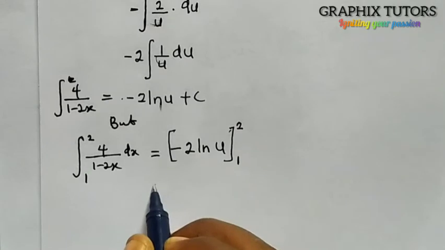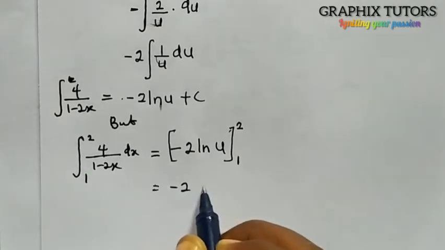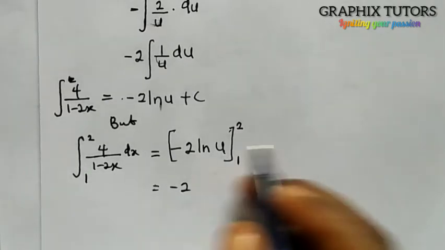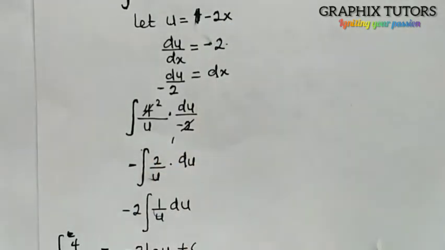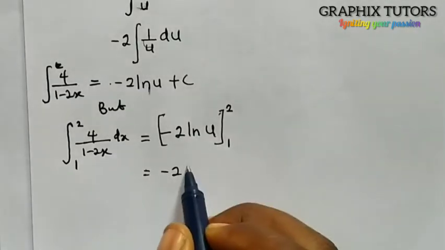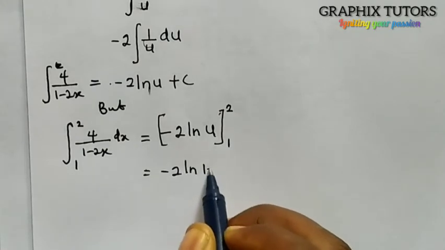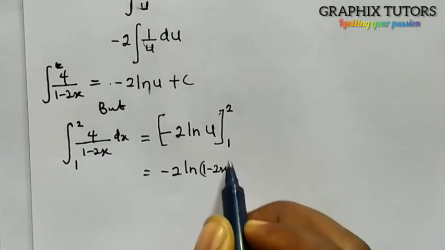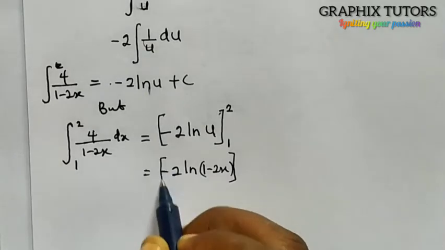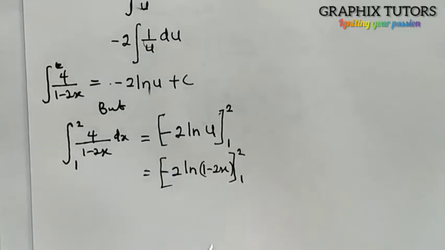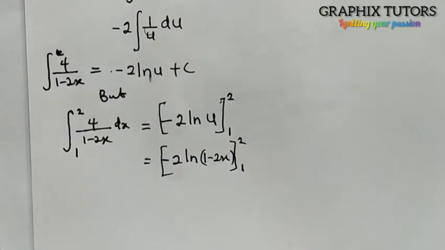I'll write it this way and say minus 2, what is my ln u? We've not even written that. u is 1 minus 2x, so I'll write it out. So minus 2 ln (1 minus 2x), everything in bracket, 2 and 1. So I'll put my u now and this 2. Now let's see how it goes.